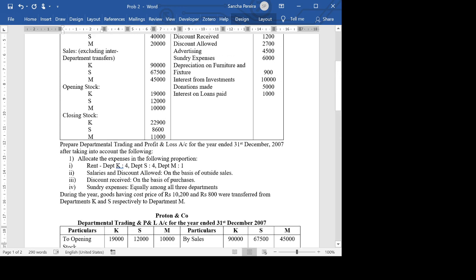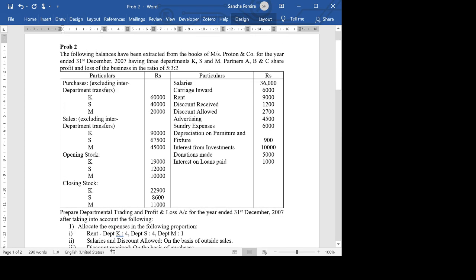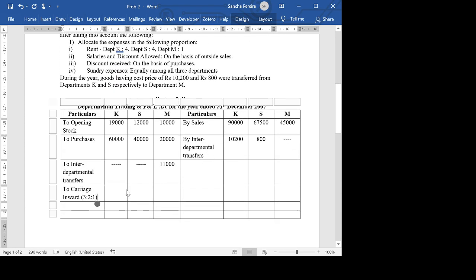So what do I have to divide? 6,000. 6,000 divided in the ratio of 3 is to 2 is to 1. So it will be 6,000 into 3 by 6, which will be 3,000, 2,000 and 1,000. From where did I get this ratio? The ratio of purchases. 60 is to 40 is to 20 comes to 3 is to 2 is to 1.